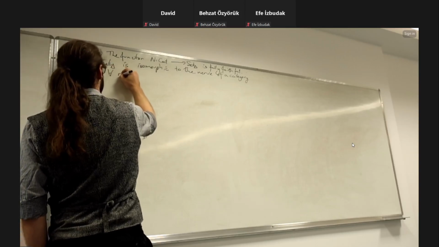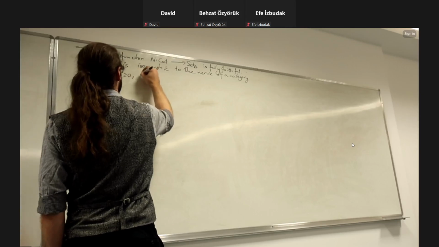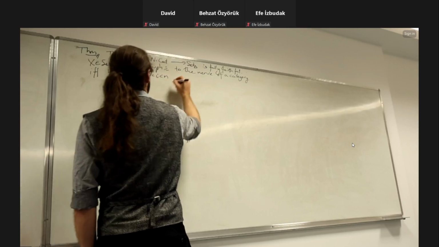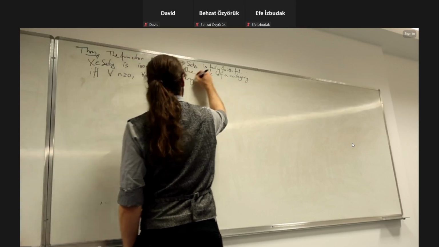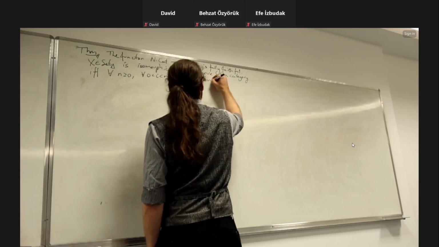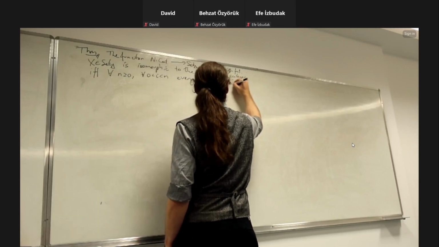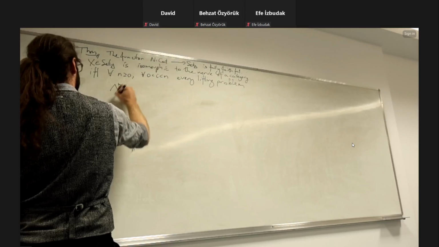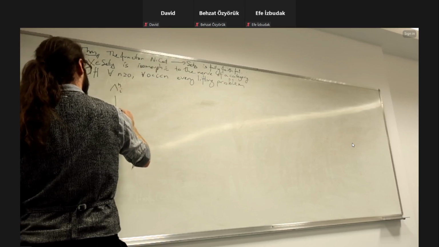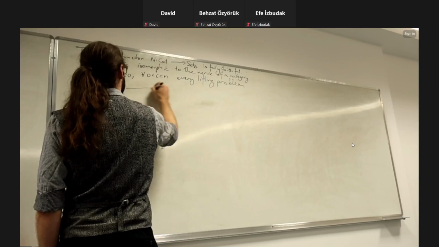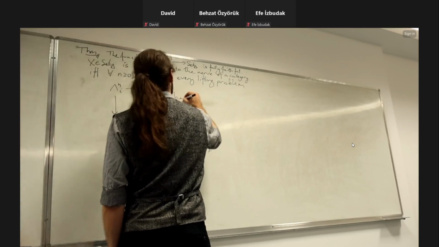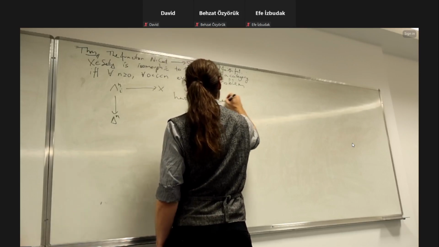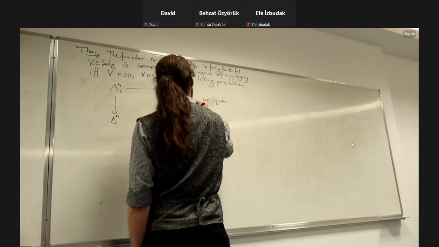for every n greater than or equal to 2 and for every 0 less than i less than n, every lifting problem from lambda^n_i to delta^n with X has a unique lift.